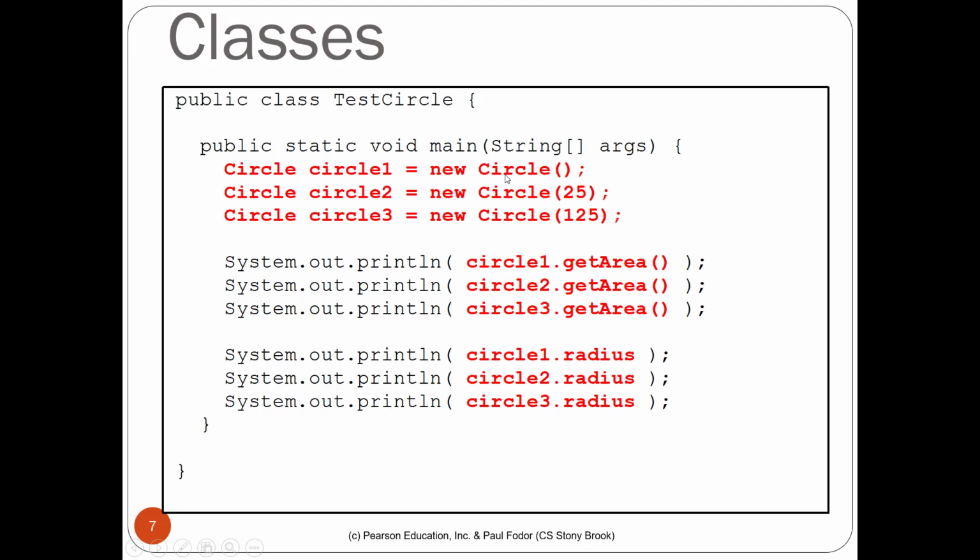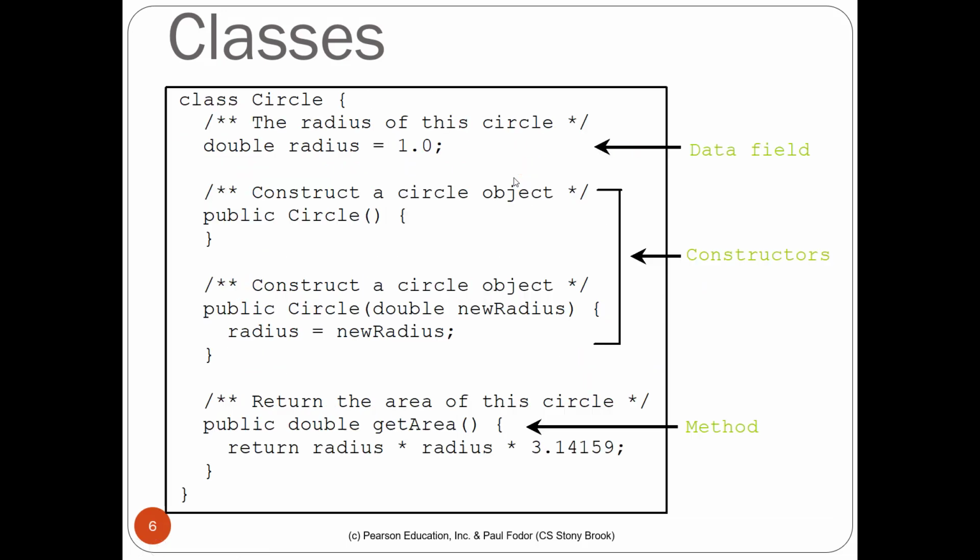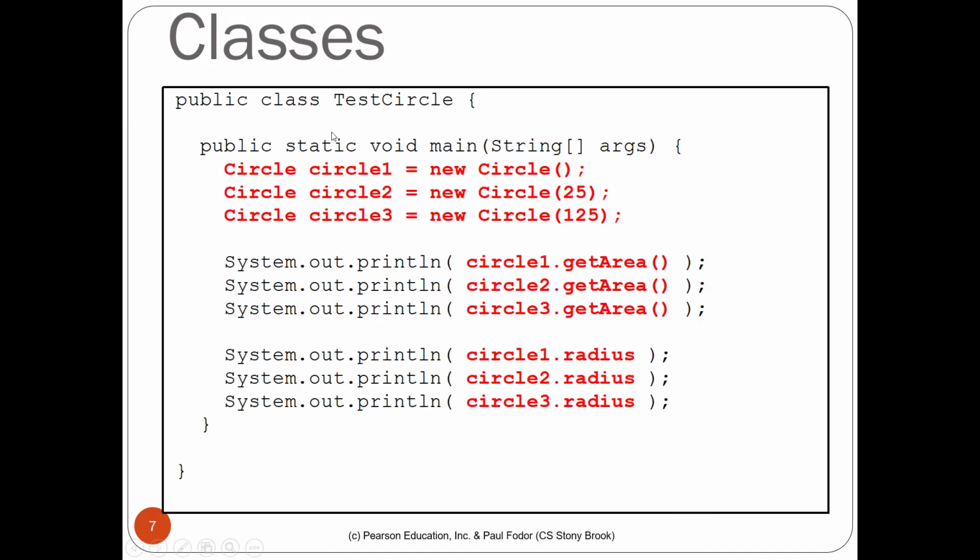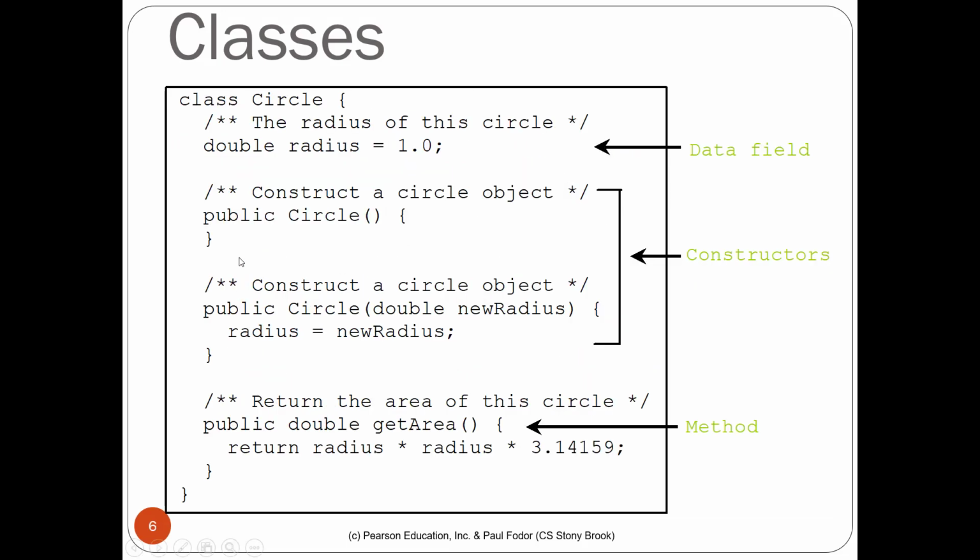Okay, so what is the Circle on the right hand side? This is the first constructor. Okay, you remember the first constructor? In the first constructor we don't pass any argument. Whenever you are making such a statement where after new you have Circle and the parentheses have nothing, then that means you will be calling the constructor that matches this new call. And this is the one.